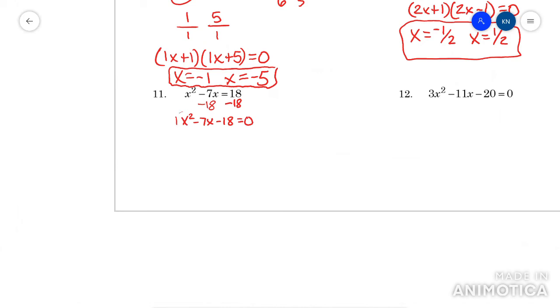So put the 1 down and multiply. So these have to multiply to be negative 18 and add up to be negative 7. It's going to be 2 and negative 9. Put them over your a value, 1. Then write the bottom, x, then the top. Bottom, x, top. Solve each of these.